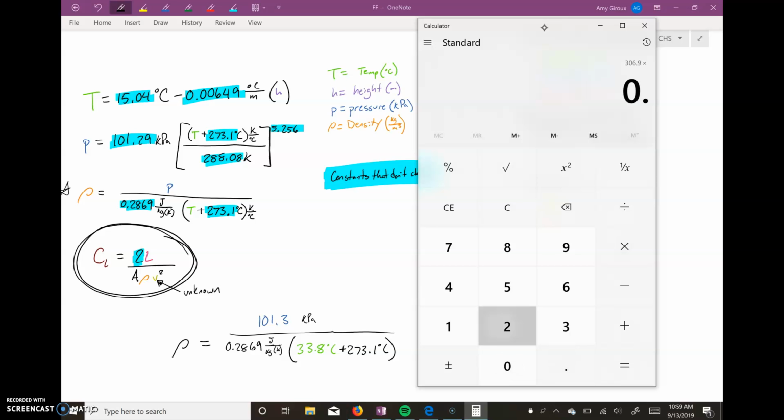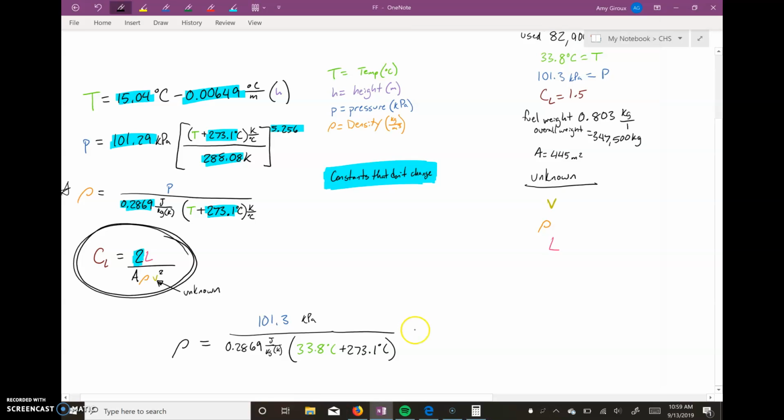We multiply that by 0.2869, which gives us 88.05, let's say. So we have 101.3 divided by 88.05. That equals 1.15. This is our orange value here, our rho. So we just found that unknown.